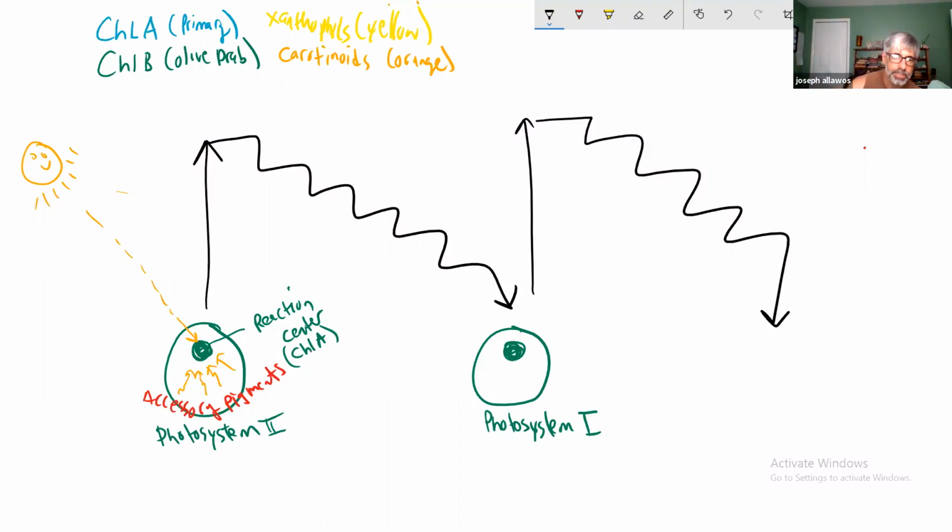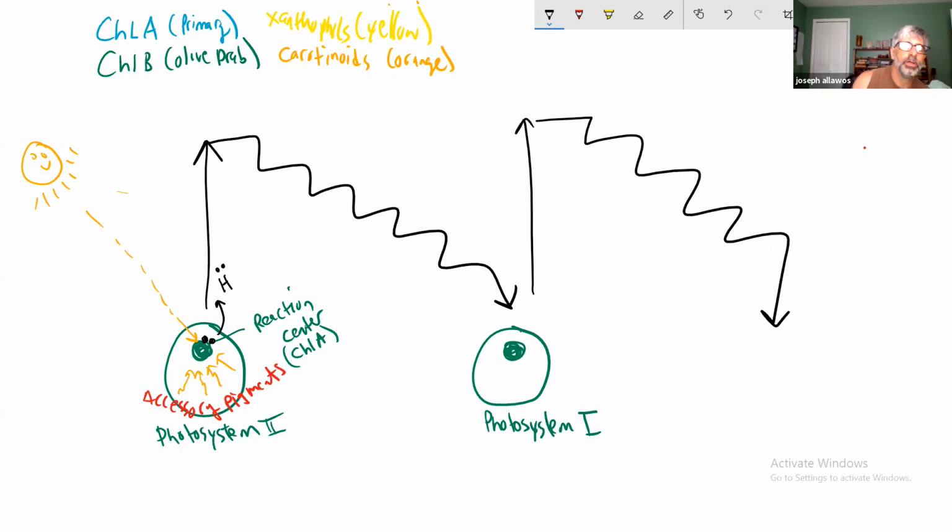Well, what happens here is kind of crazy, because a pair of electrons get so excited on this chlorophyll A molecule at the reaction center that they physically leave the molecule. And they leave with a chaperone, and the chaperone is a hydrogen atom.